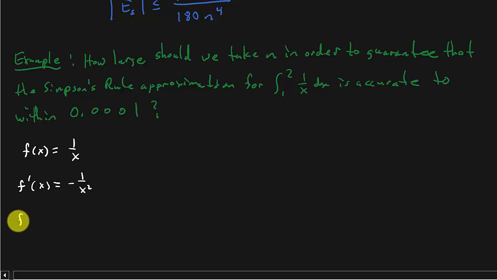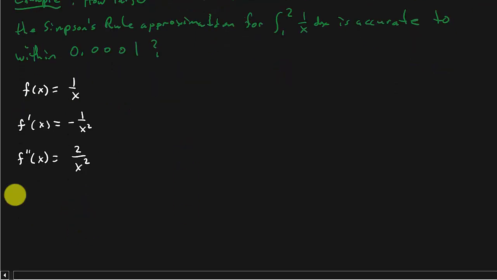So f'(x) is negative 1 over x squared. f''(x) is 2 over x cubed. And then f'''(x) is negative 6 over x to the fourth.